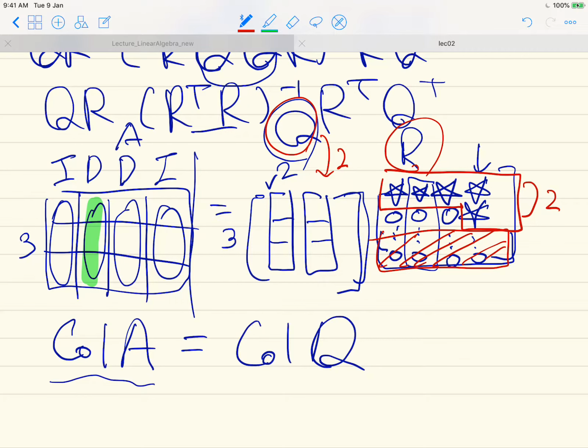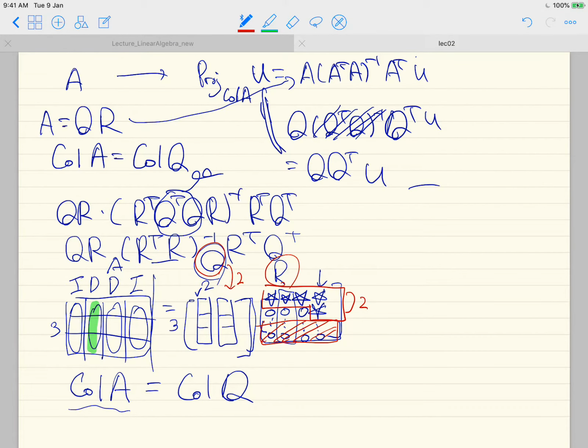Okay, so back to the case where A has linearly independent columns. A has linearly independent columns, so for each column, we should be able to construct or add their own orthonormal basis vectors, right?